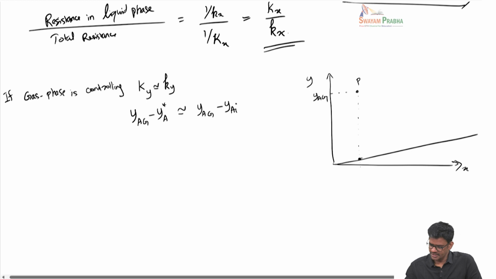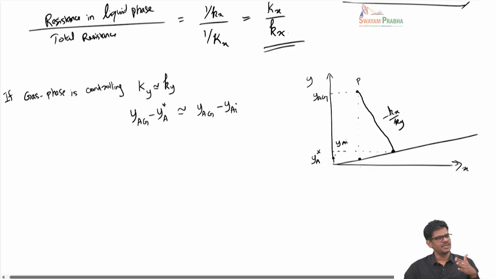This point here that cuts the equilibrium line is YA star, and my YAI may be somewhere here. Okay, this is my line that is governed by minus kx by ky. This is the driving force line. So you can see this YAI now has come very close to YA star.